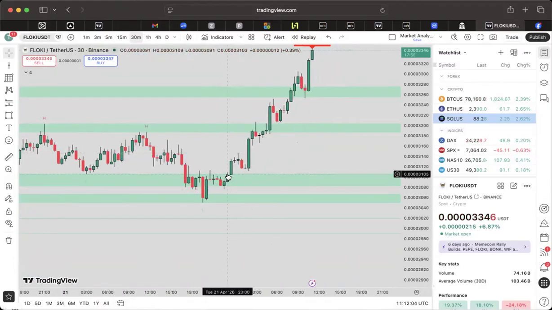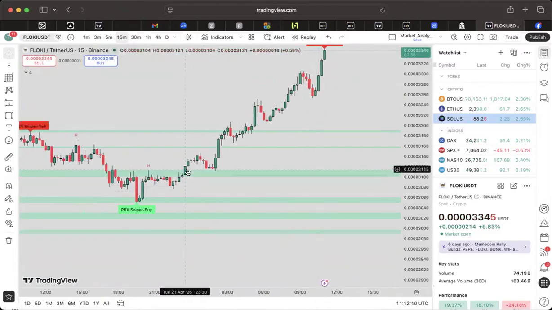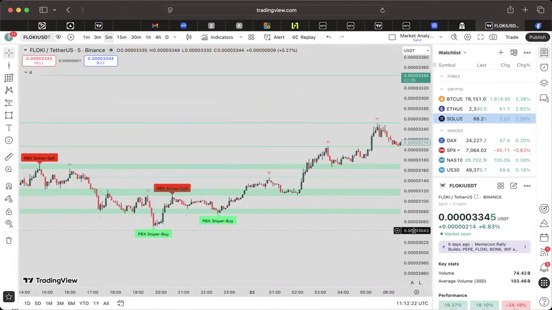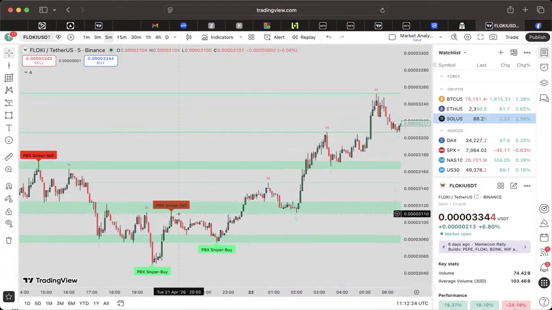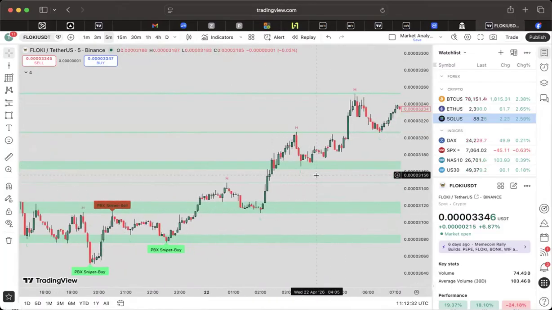Okay. This is my entry. 15 minutes. This is an entry. This is an entry. This is an entry. This is an entry. So 5 minutes, that will give you more entries. You see that? This is an entry. Yeah, this is an entry. It's a pullback.